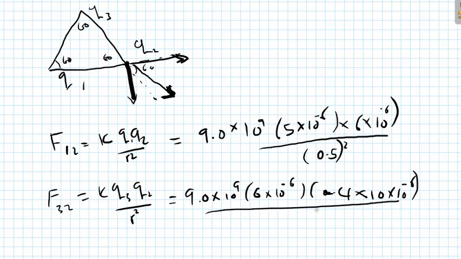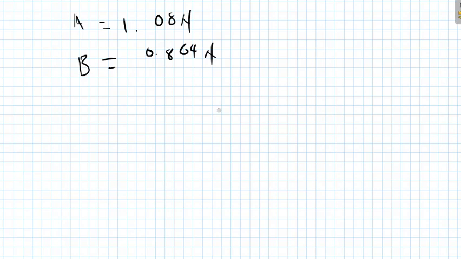All this is divided by 0.5 squared. When we work this out on our calculator, we get A and B. Our A will give us 1.08 newtons. Our B is equal to 0.864 newtons.